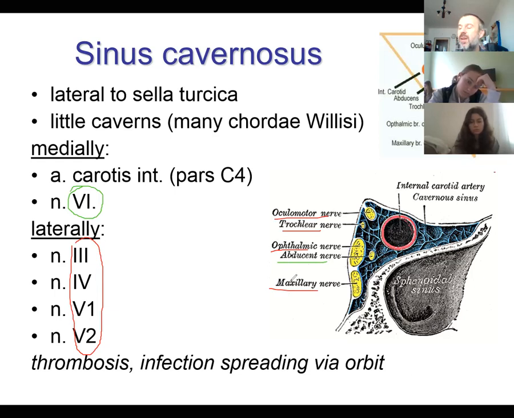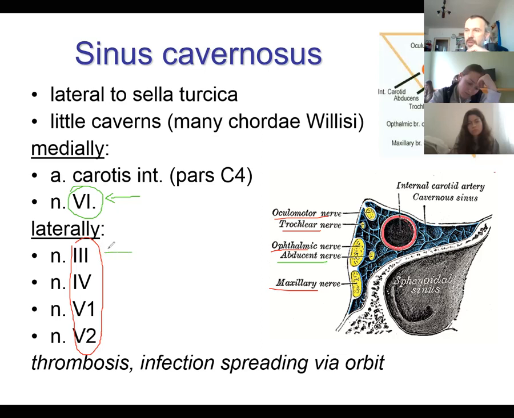So in case we have any thrombosis here or inflammation, it can cause irritation of these nerves. And what will be the first symptom? It will be the abducent nerve palsy, which causes a convergent squint. We will talk about this in cranial nerves next week, maybe.